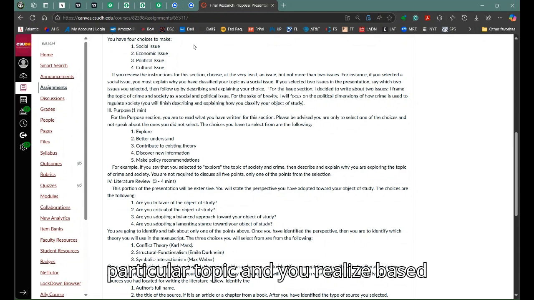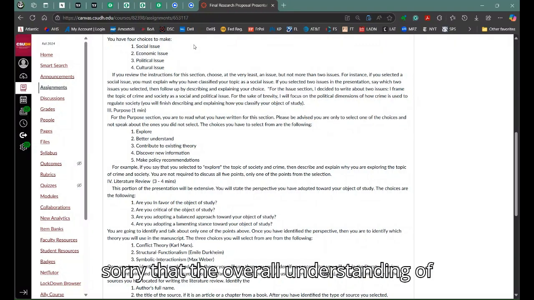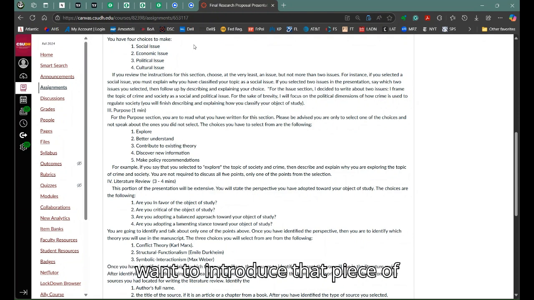You realize, based on your understanding of that topic, there's something that the overall understanding of the debate has not considered, and you want to introduce that piece of information into the debate about how crime informs public policy.